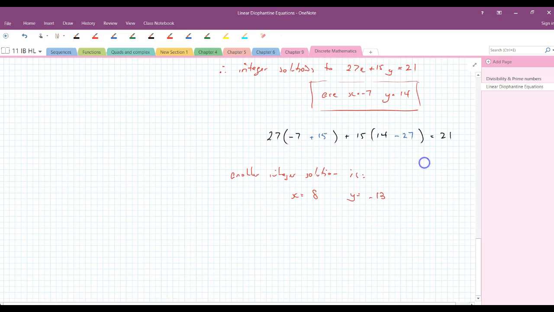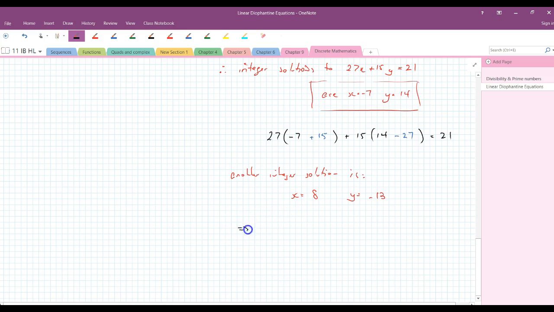But we don't stop there, do we? If you think about it, if I now add another multiple of 15, so I add 30 here, and then another multiple of 27 here, then I'm going to get another integer solution. So here's where my infinite number of integer solutions come from.